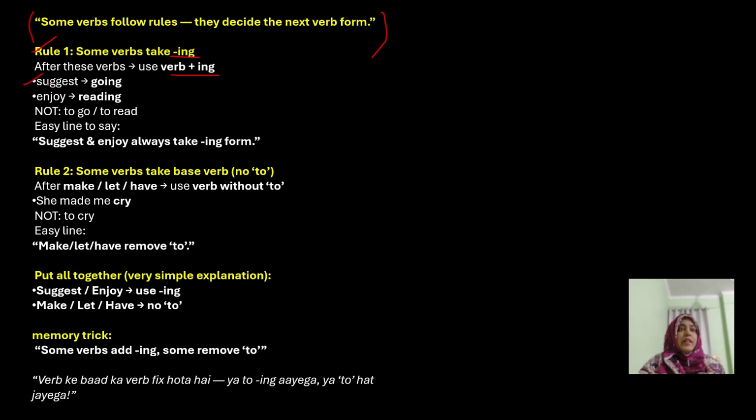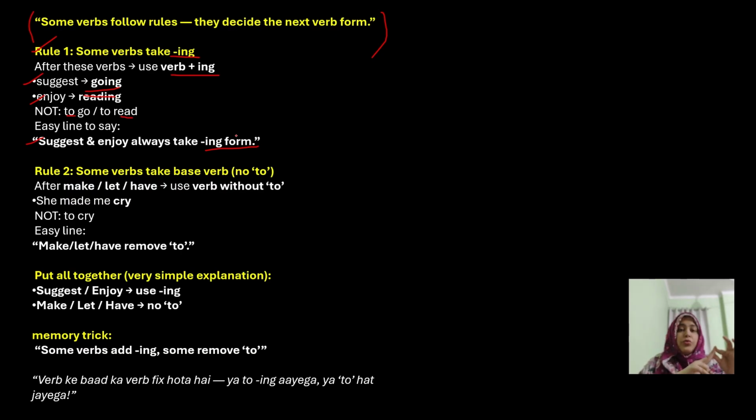Suggest, enjoy. Suggesting going, enjoy reading. We will not use to go, to read. Suggest and enjoy always take the ing form.